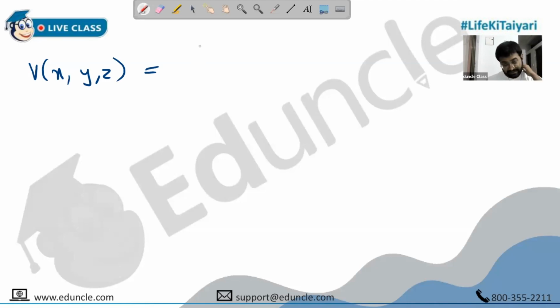Half m omega square x square. Okay, so suppose it's 0.5 m omega square x square plus 4.5 m omega square y square plus 32 m omega square z square.